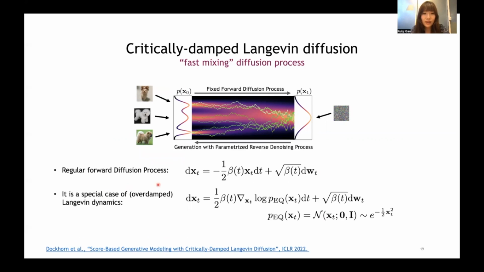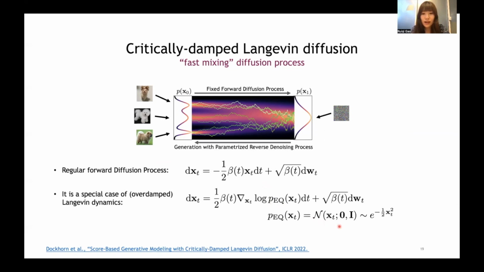This is a regular forward diffusion process, which is a stochastic differential equation. It is actually a special case of the overdamped Langevin dynamics if we assume the target distribution, or the target density of this MCMC, is the standard Gaussian distribution.